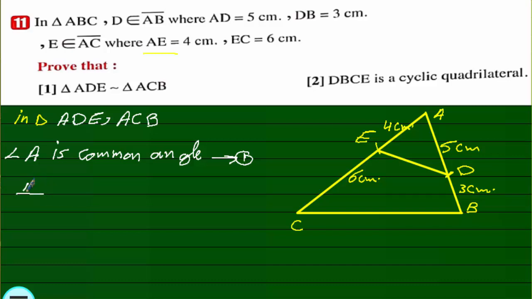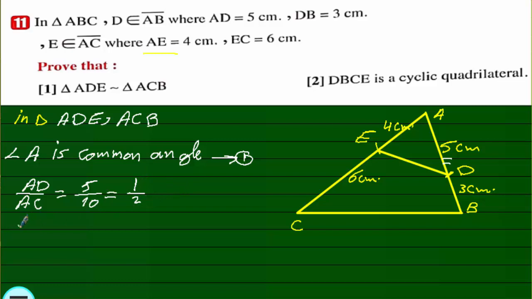Also we have AD over AC equals 5 over 10. Here we have AD equals 5 and the AC equals 10. It is 4 plus 6. And the simplest form equals 1 over 2.